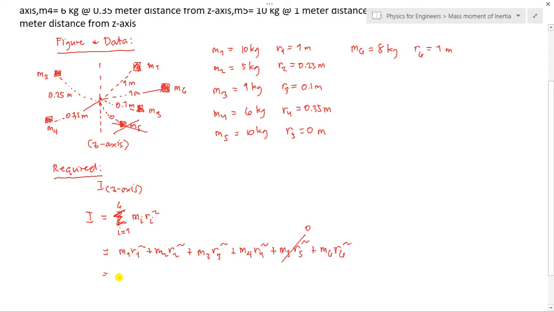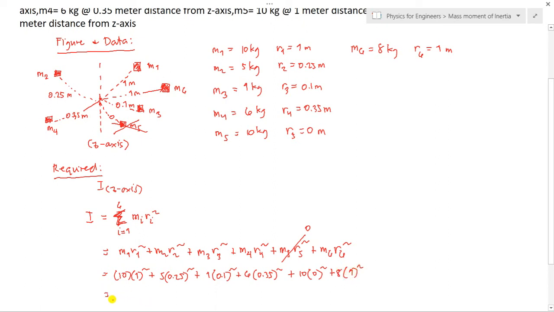For mass 1 we have 10 kilogram times R1, which is 1 meter, squared, plus 5 times 0.25 squared, plus mass 3, 1 kilogram multiplied by 0.1 squared, plus mass 4, 6 kilogram multiplied by 0.35 squared, plus 10 kilogram multiplied by 0 squared, plus 8 kilogram multiplied by 1 squared.